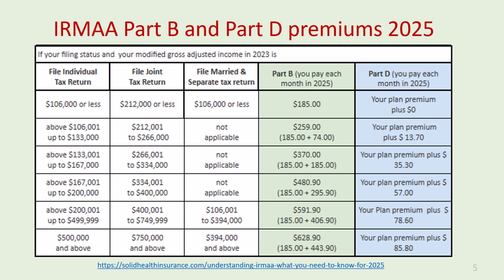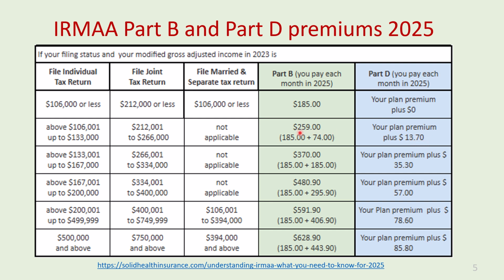Now, if you go $1 over, you can see you now jump into a different tier. They're going to take the basic, which is $185, and they're going to add the IRMAA surcharge. In this tier, it's $74, and the premium for Part D is $13.70.